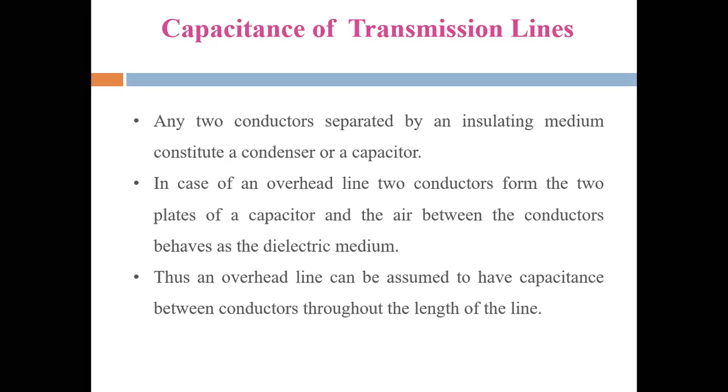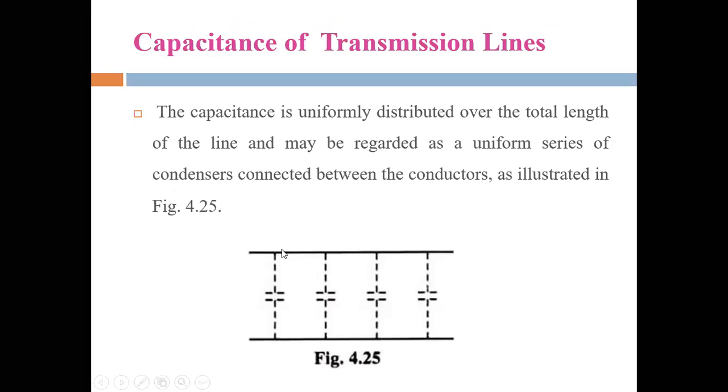Okay, then the total transmission line consists of capacitance. This is the one conductor and this is the other conductor. This conductor acts as one plate of a capacitance and this conductor acts as the other plate of the capacitance.